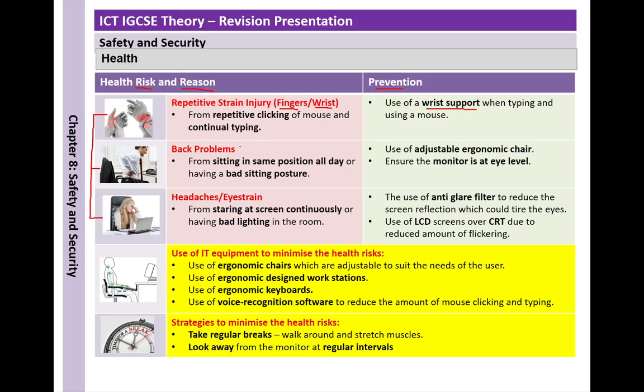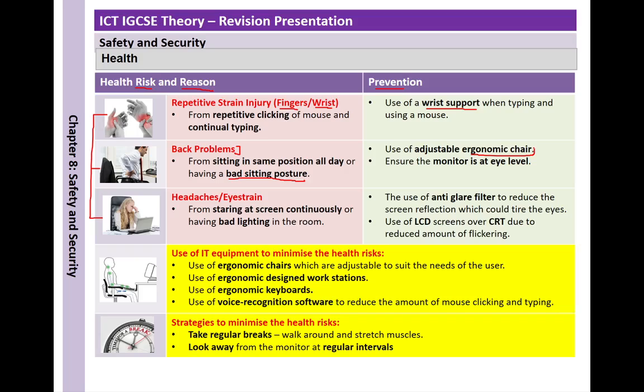The second risk is back problems, and it happens because you might be sitting in the same position all day, with very bad sitting posture or in a very bad chair. How to minimize back problems because of sitting for a long time? You can have adjustable ergonomic chairs.